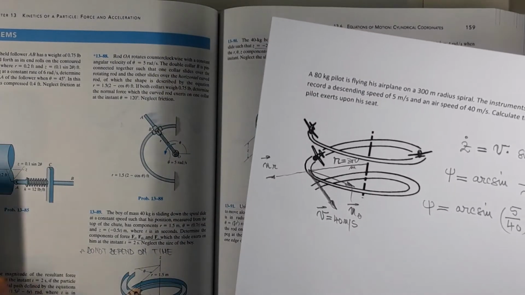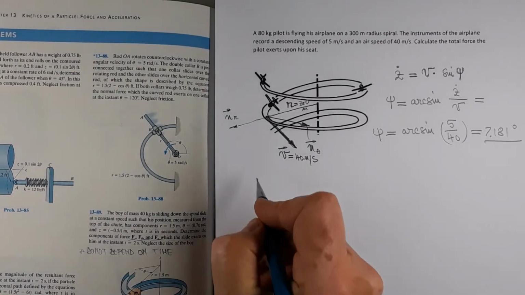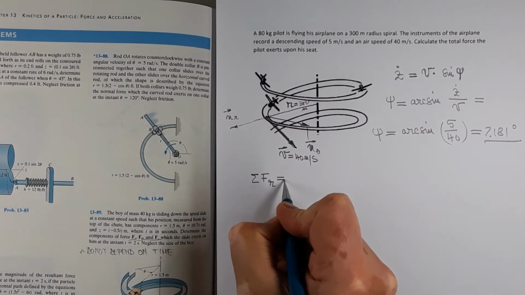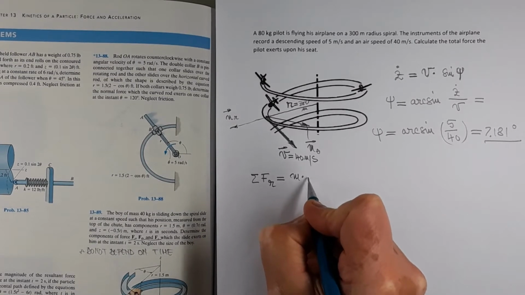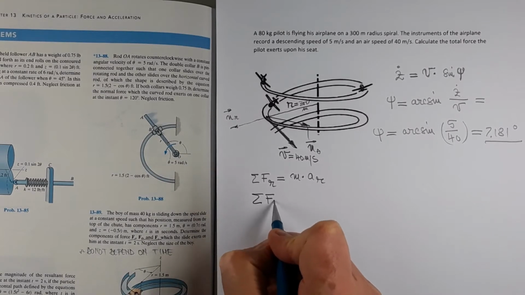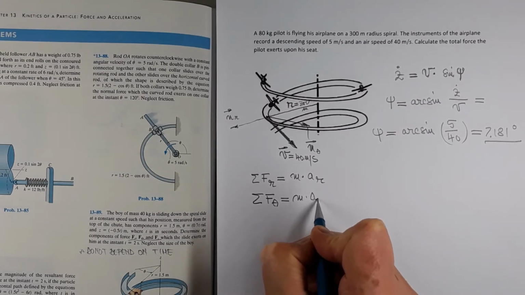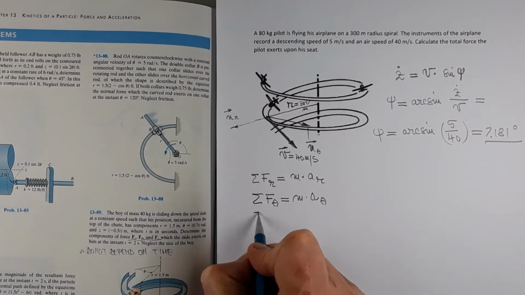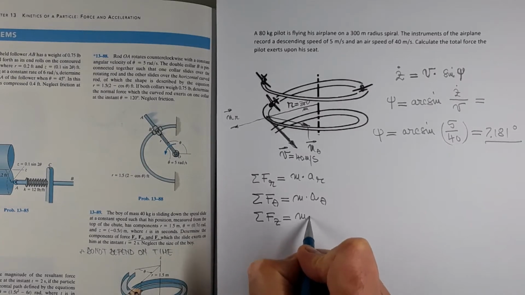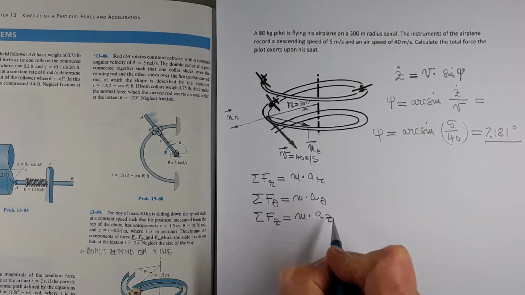Newton's second law using cylindrical coordinates: the sum of forces in the radial direction is mass times radial acceleration, the sum of forces in the transverse direction is mass times acceleration in the transverse direction, and the sum of forces in the z direction is mass times acceleration in the z direction.